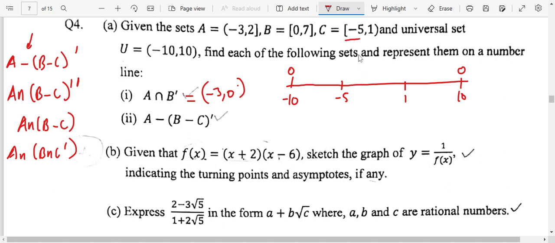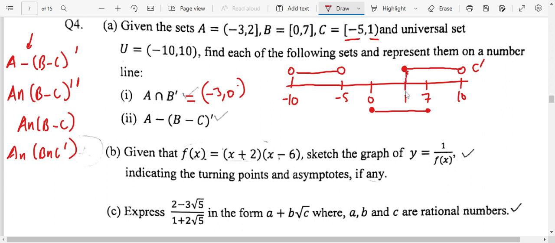You see, negative 5 is part of the set C, meaning that it will not be part of the complement. 1 is not part of C, so it will be part of the complement. Okay, and then I'll connect this side. I'll also connect this side. This is C complement. And I need to intersect C complement with B. So I'll get the set B, which is moving from 0 up to 7. And we're including 0, we're also including 7.